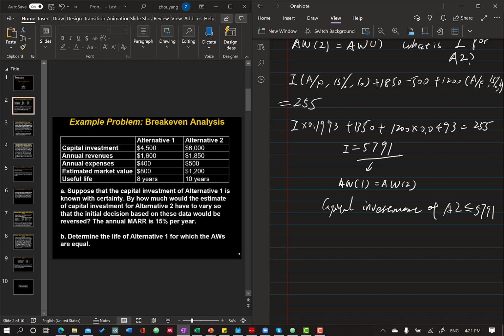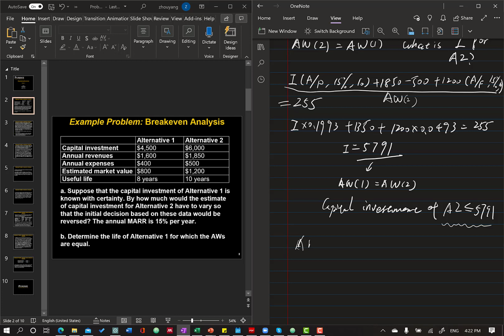But you also can try another way to set up this problem to get this inequality directly. You still use the formulation above; let me call it the annual worth 2.